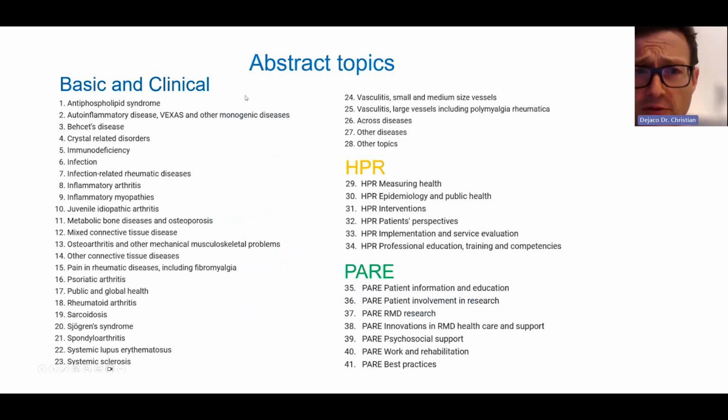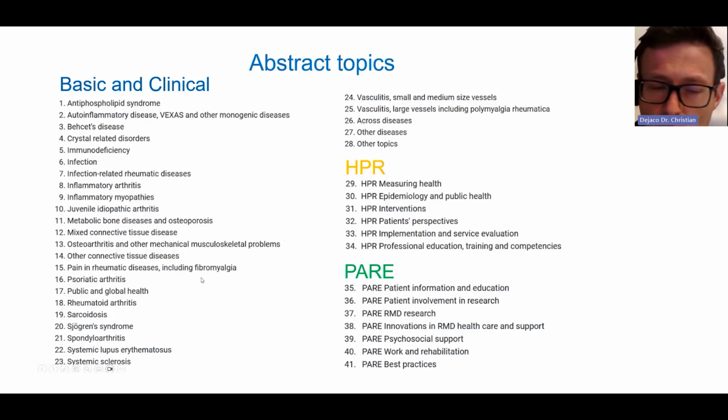So when you click on the submit button and then select one of the big categories like basic or clinical or HBR and para, you find a number of subtopics, which for basic and clinical mainly correspond to the different diseases.